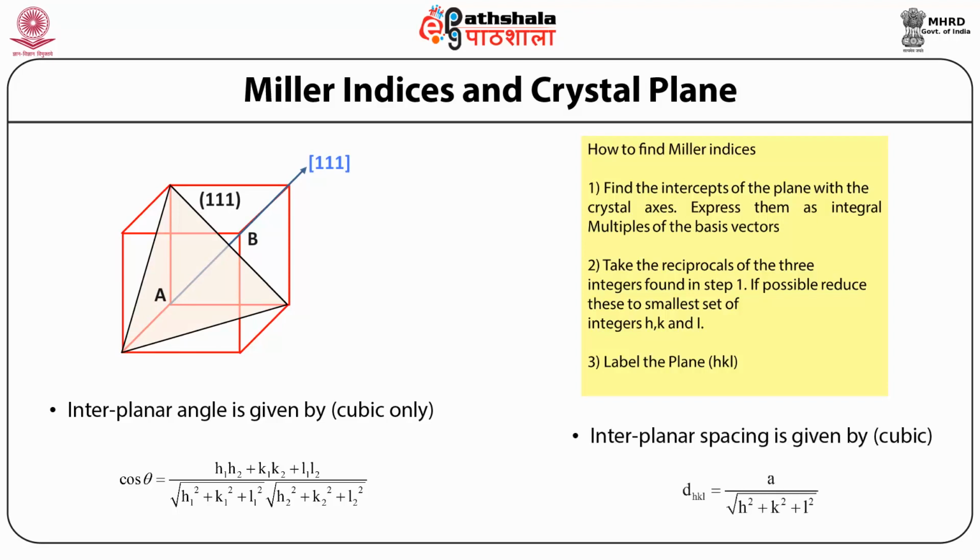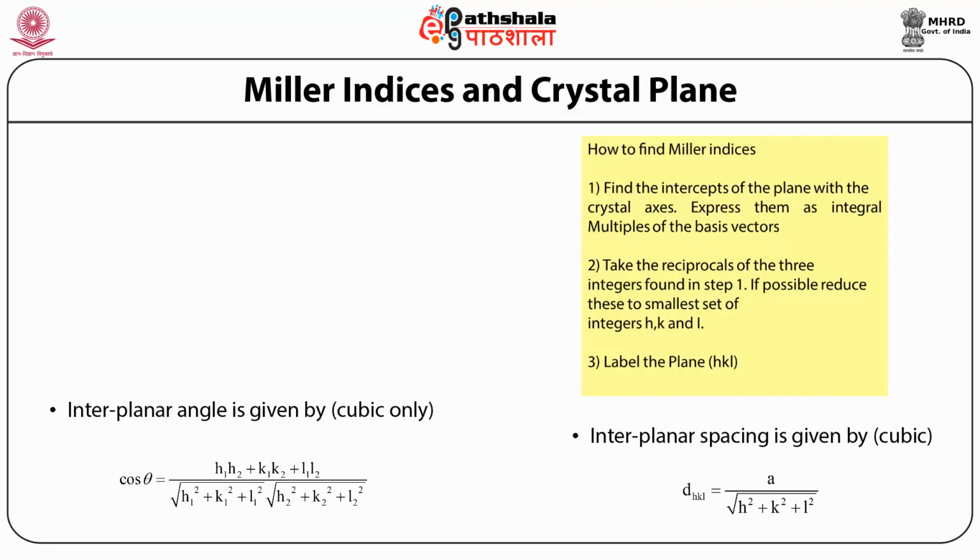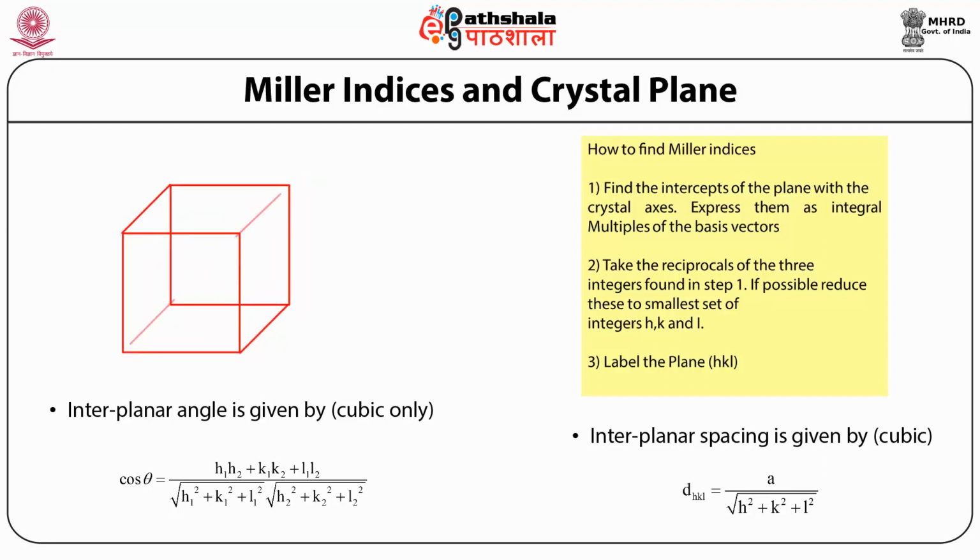Similarly, the interplanar spacing is given as d_hkl, which is equal to a divided by root of (h square + k square + l square). These two formulas, the interplanar angle and the interplanar spacing, are given in this slide only for the cubic case.